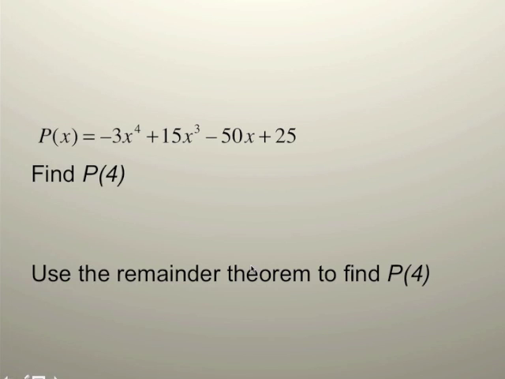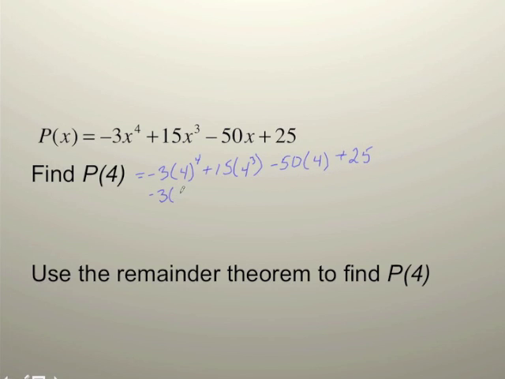Let's look at another example that it works. Here we have a polynomial, and we're going to find p of 4. That means negative 3 times 4 to the 4th plus 15 times 4 cubed minus 50 times 4 plus 25.